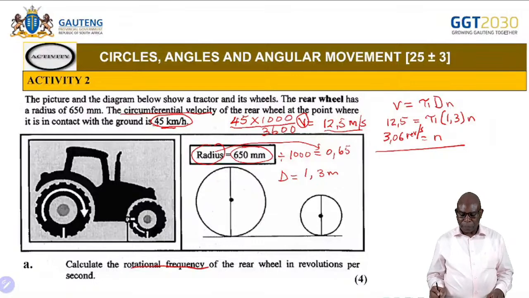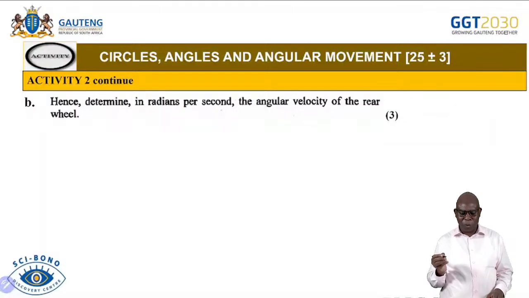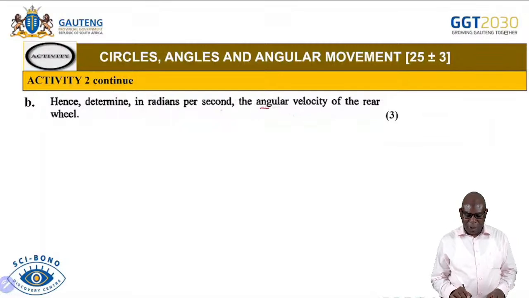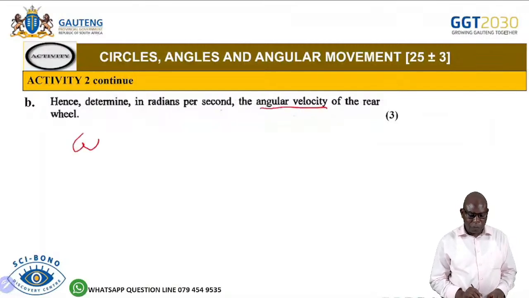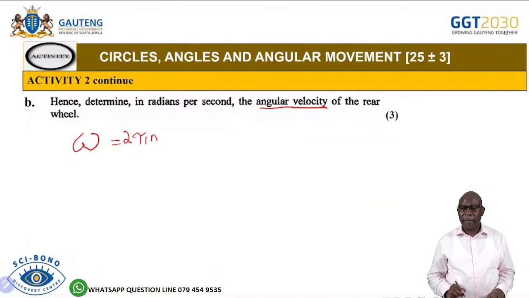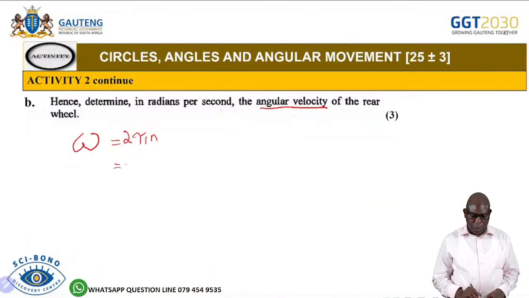Right. The next question is very clear also. Determine the angular velocity. So the angular velocity formula, you go to your formula sheet, is omega equals 2 pi n. But already, I have the n from the last slide. Then I'm going to calculate that.